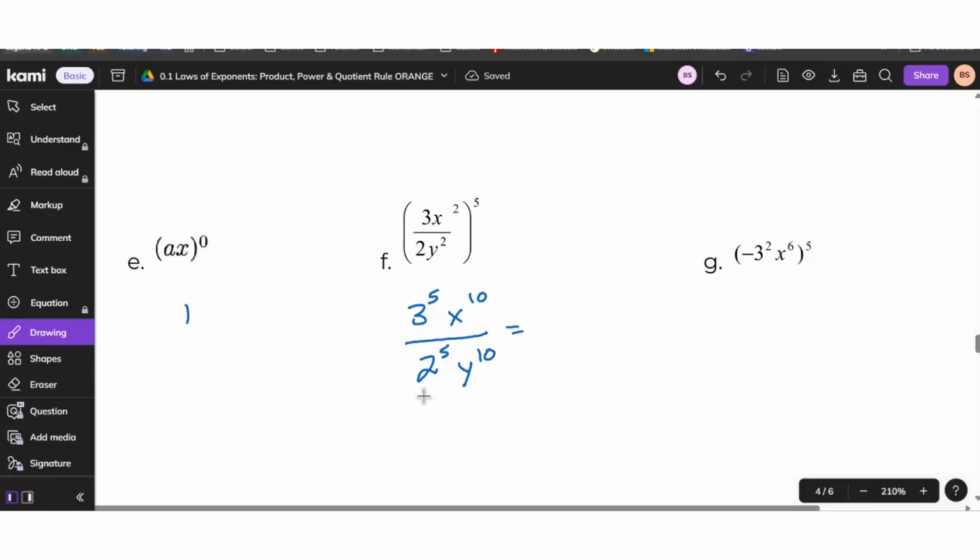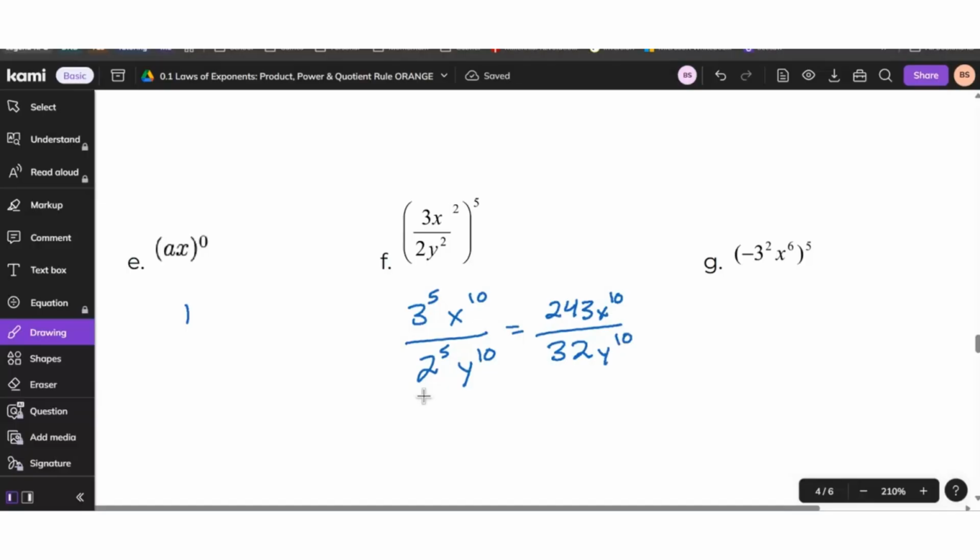So that means that I need to figure out what 3 to the power of 5 is. So 3, 9, 27, 81, 243. Okay, so 243, x to the 10 over 2, 4, 8, 16, 32. Okay? 32 and y to the power of 10. Exactly, y to the 10.